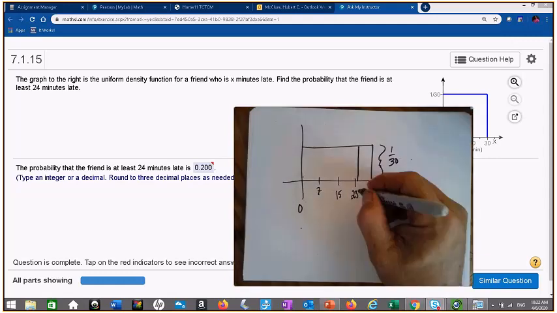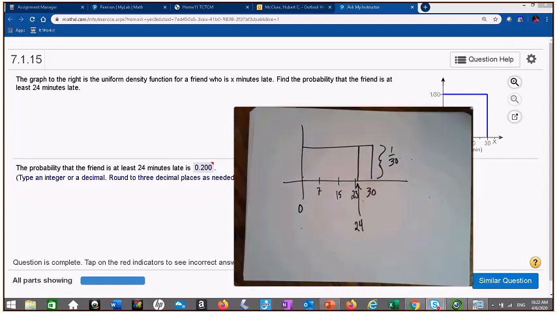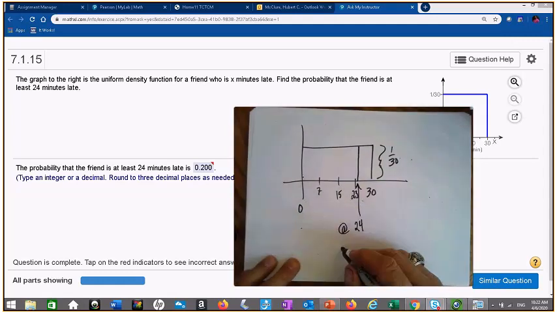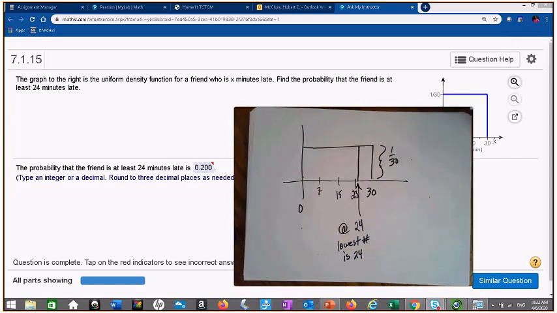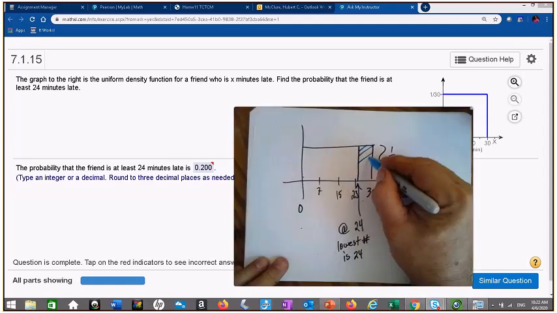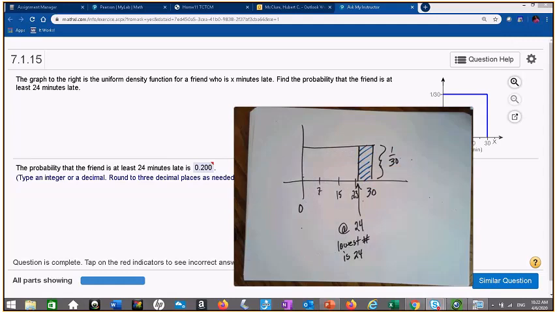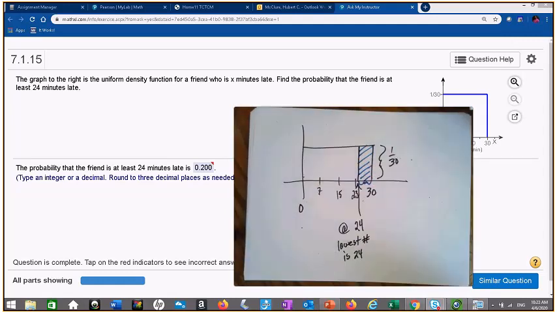Now, it says at least 24, right? So that means the lowest number is what? 24. At least 24 means the lowest number is 24. So therefore, they're looking for the area to the left or to the right? To the right. So what's the base of that box?